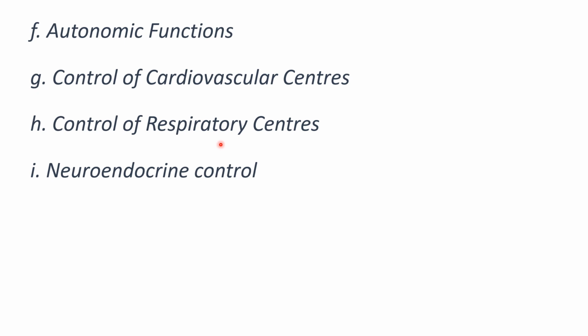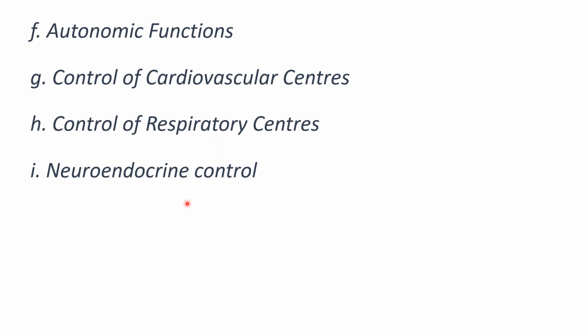Then control of respiratory centers. The inspiratory and expiratory groups of neurons are located in the central gigantocellular nucleus in the medulla, and the pneumotaxic and apneustic centers are located in the pontine reticular formation. These respiratory centers play a major role in control of respiration, especially the expiratory part also.